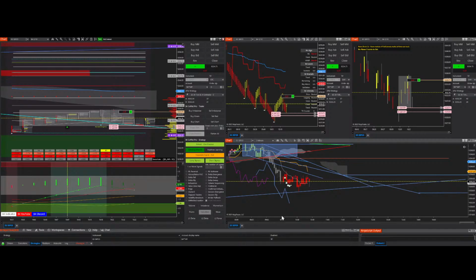And that would line up with the Chikou trail to be an aggressive move to the downside. So if it breaks that trend line, it could get hot and heavy. But right now we're just kind of drifting.